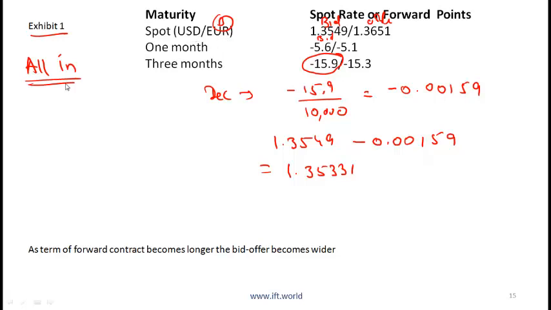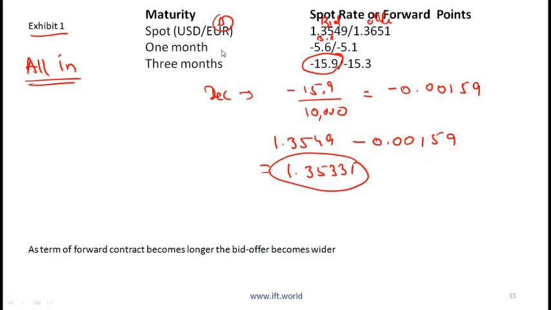So the all-in rate, as you have probably figured out by now, is simply the forward rate where the forward rate has been adjusted based on the forward points. So the 3-month all-in forward bid rate is 1.35331.